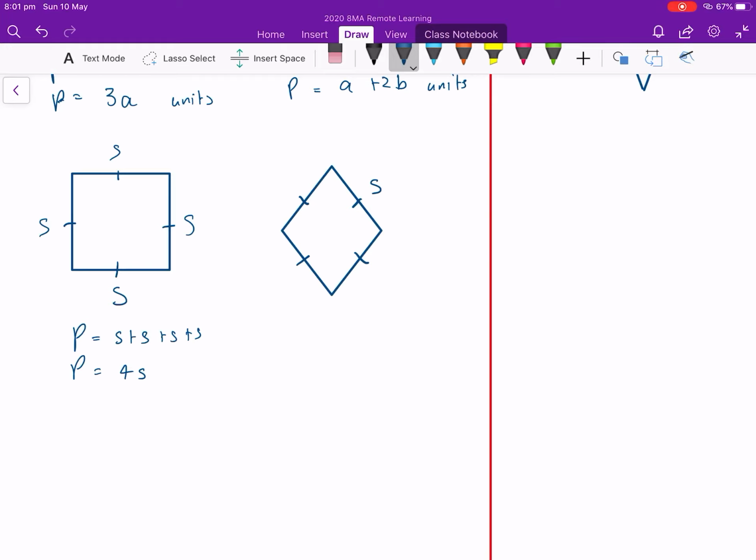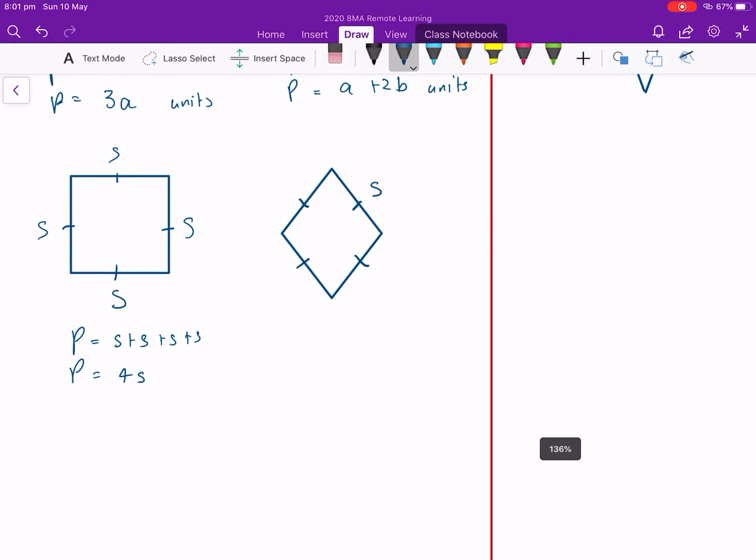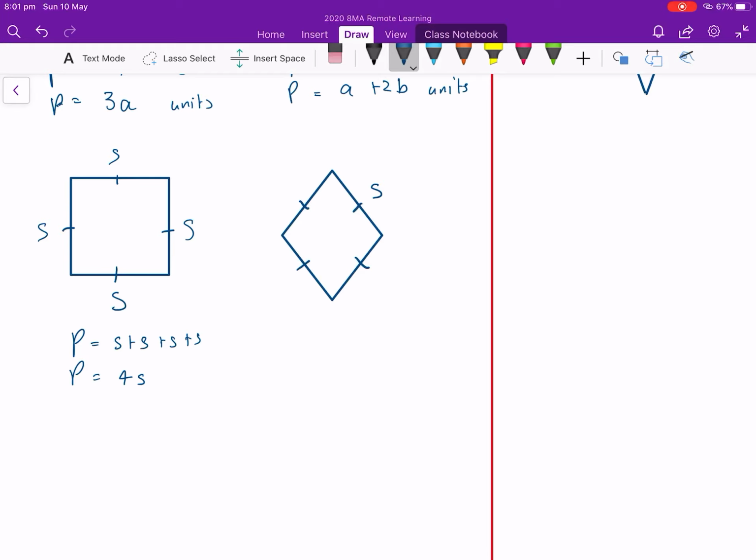Okay, the shape next to it is a rhombus. Now, it also has a dash in each of these sides, so we can also write that these side lengths are S. So the perimeter here would be S plus S plus S plus S. Now using our algebraic skills, that would be 4S. And remember to put in the units. Always remember.